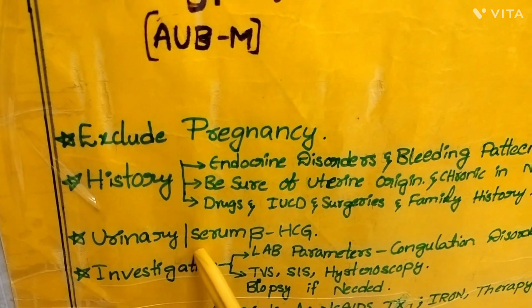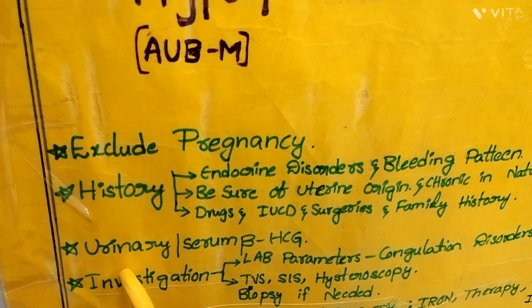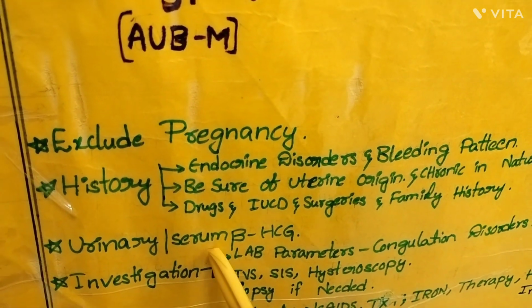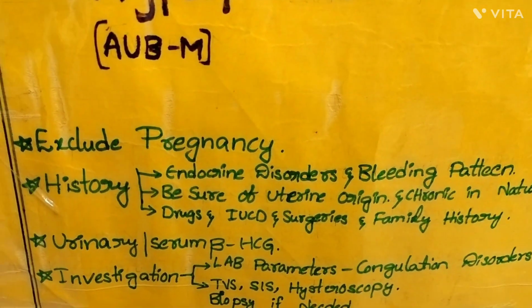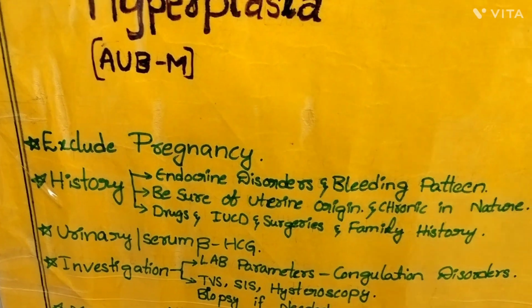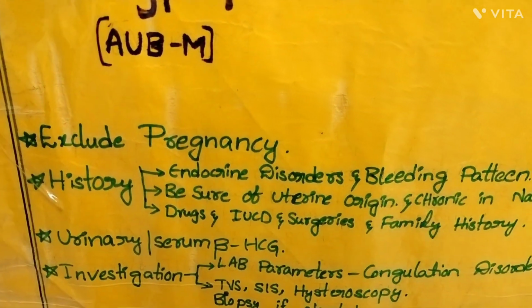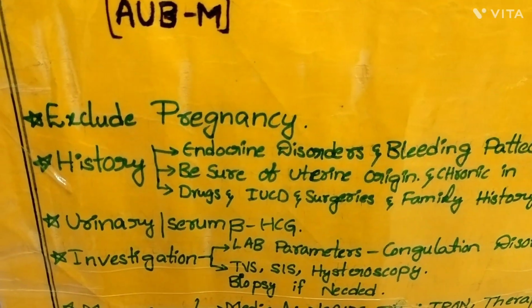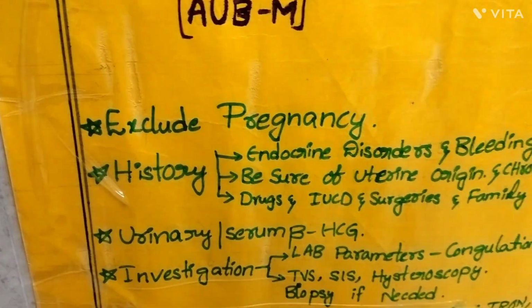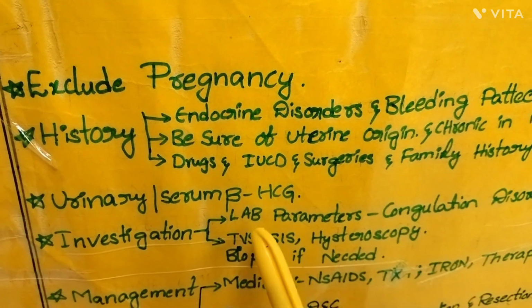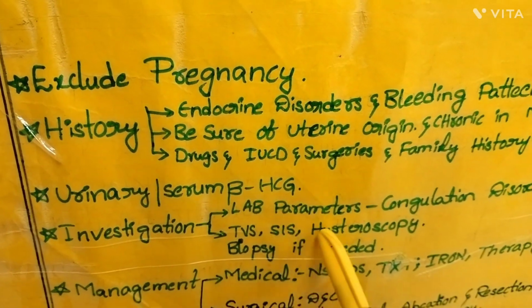The next thing is that we can go for either a urine beta HCG or a serum beta HCG, because sometimes, without any malignancy, it could be an ectopic pregnancy also, which we need to rule out. Next thing is investigations. In investigations, we have to go with the lab parameters.